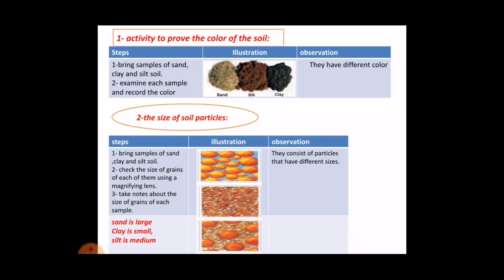Number 2, the size of soil particles. What are the sizes of soil particles? Bring samples of sand, clay, and silt soil. Check the size of grains of each of them by using a magnifying lens. Take notes about the size of grains of each sample.